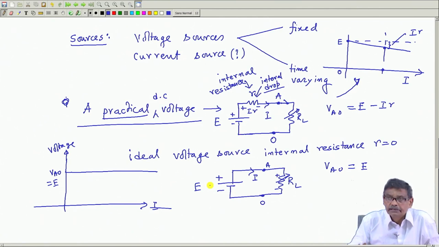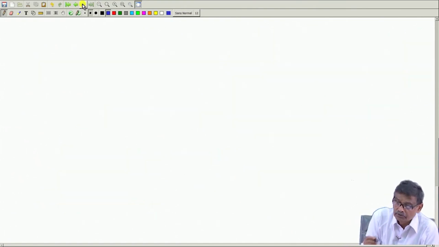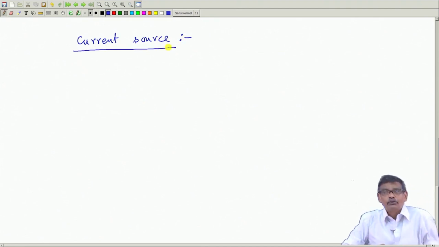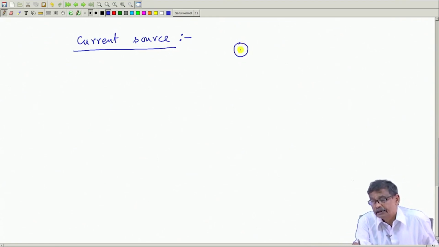So, this is the scenario, at least with DC constant values, ideal battery representation and ideal voltage source, a practical voltage source representation. Now, I shall give you some idea about what a current source is. As I told you, we are not used to current source, and I simply told you it is represented like this.